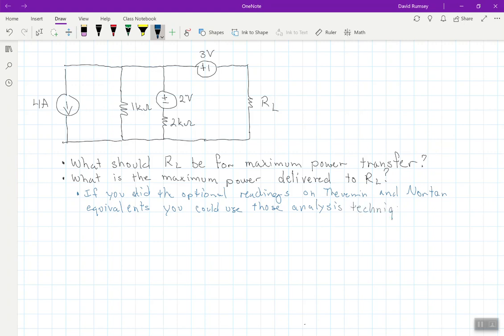In other words, what I'm trying to emphasize here is that there are some optional readings that I have in the course, and again, the optional readings are not required. You won't be tested over the material in the optional readings, but they provide you some further insight into some further circuit analysis techniques.